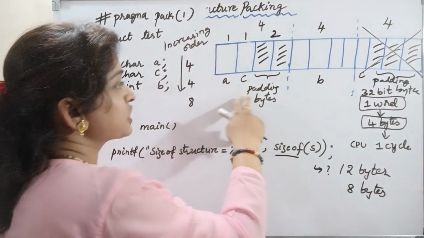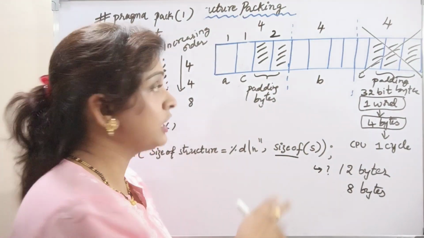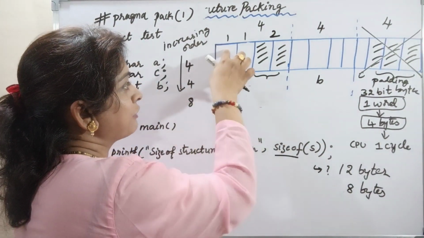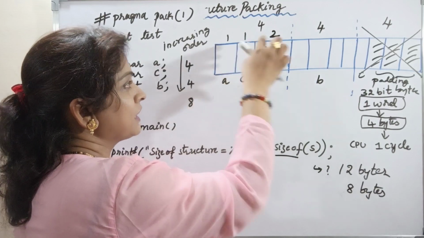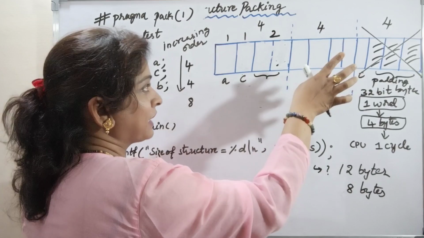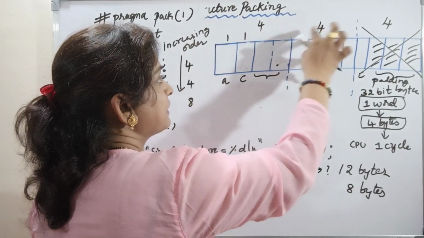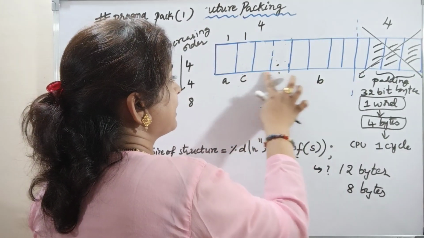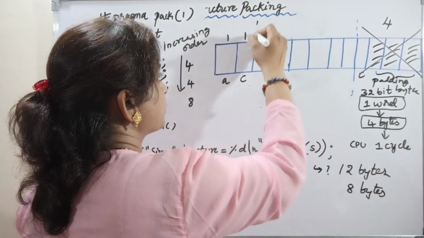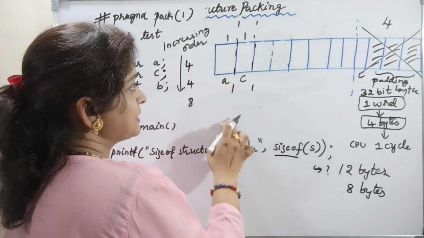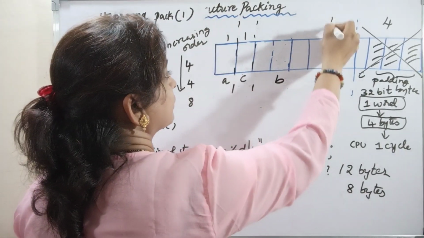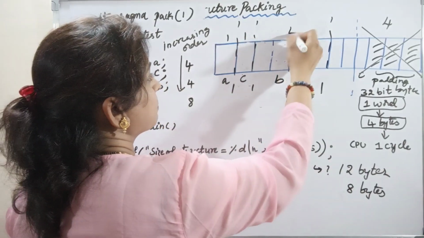So these 2 additional bytes that the compiler filled will not be added. It will take 1 byte for A, 1 byte for C, then these padding bytes will not be created. It is going to pack the data. The next 4 bytes, that is 1, 2, 3, 4, are for B. So it is 1 plus 1 plus 4.